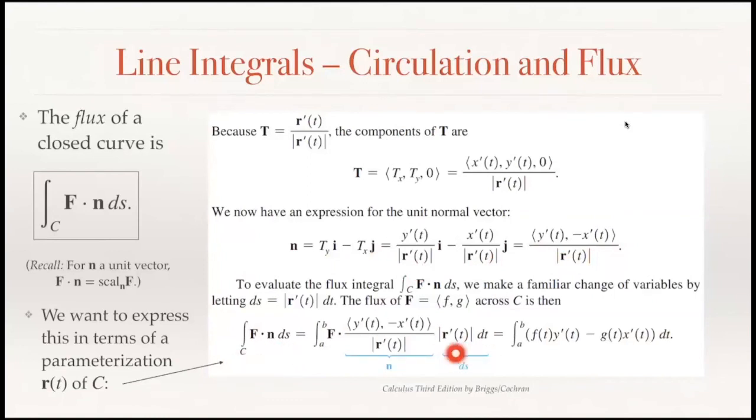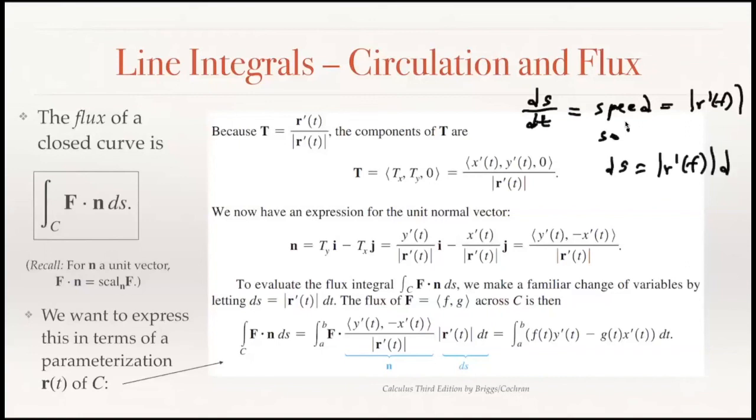Also ds is this. That is because ds dt is the speed, and the speed is the magnitude of r prime of t. And that means that ds is the magnitude of r prime of t dt. So that's this. And look what happens. Those cancel out. So we wind up with a very nice dot product with no need to compute speeds.